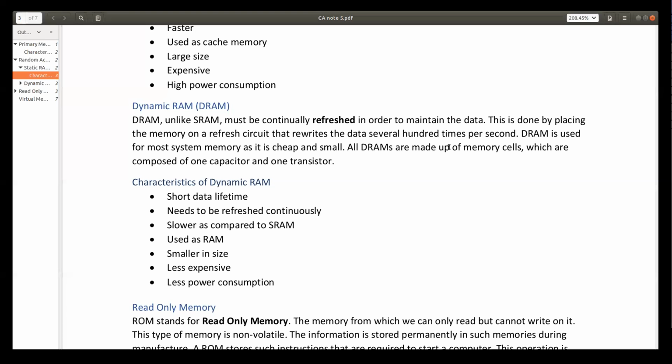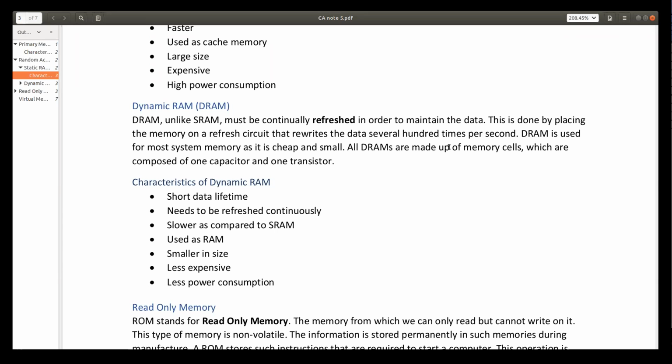So as DRAMs are made up of capacitors, and as a capacitor has the basic nature that it needs to be refreshed periodically, dynamic RAM needs to be refreshed periodically. So that's the reason why dynamic RAM needs to be refreshed periodically.